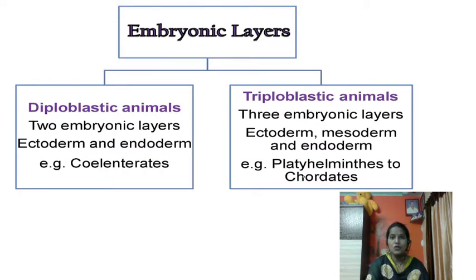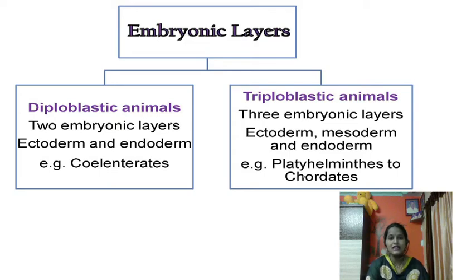Animal kingdom shows two kinds of embryonic layers, and accordingly they are classified into diploblastic animals and triploblastic animals. Diploblastic animals have two embryonic layers, ectoderm and endoderm.